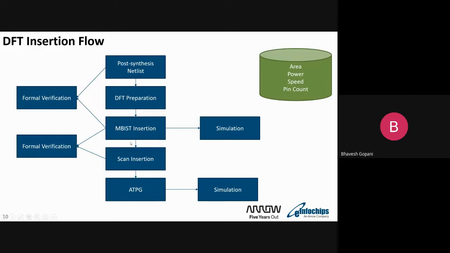Another thing is memory, like we have SRAM, ROM. If we wanted to test those memories, we can't go for the functional verification, because there are n number of possibilities.